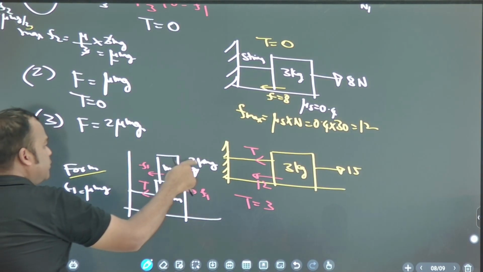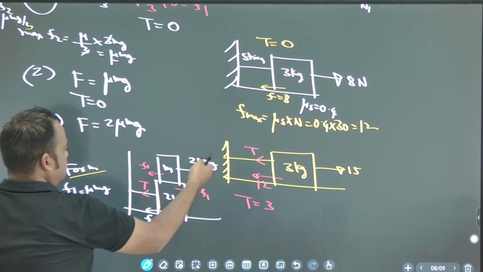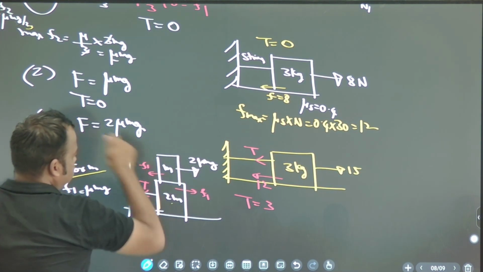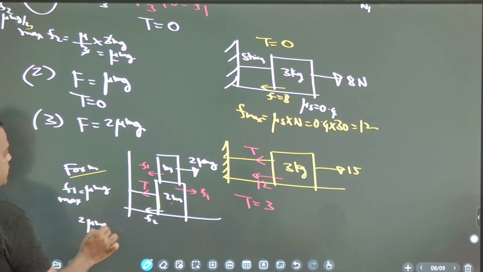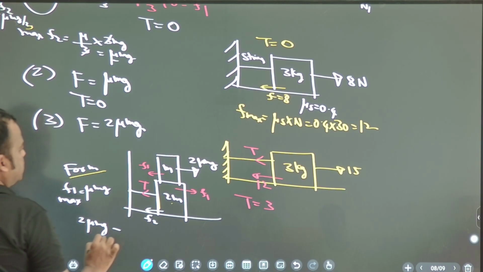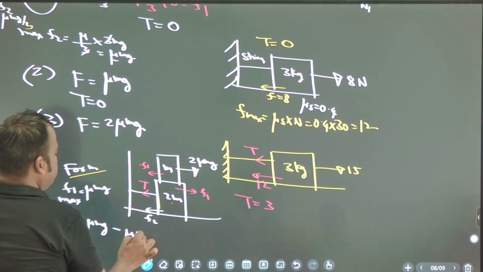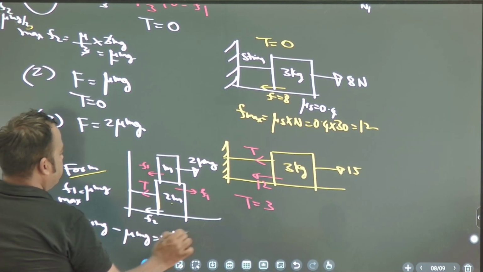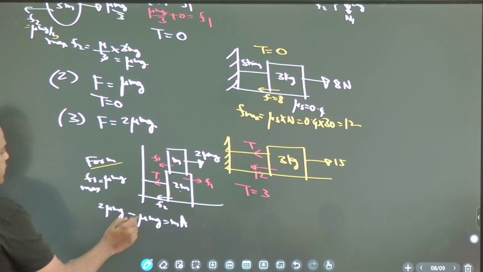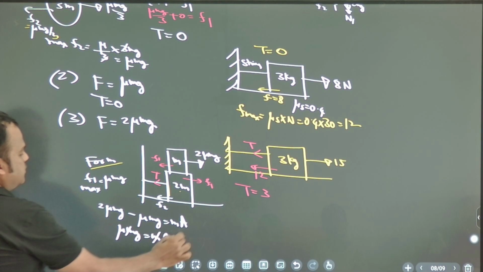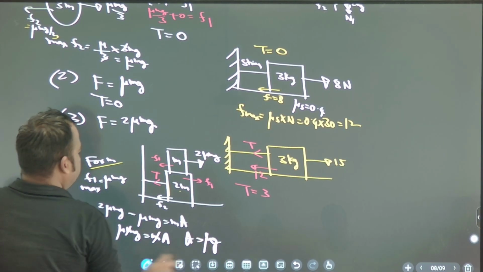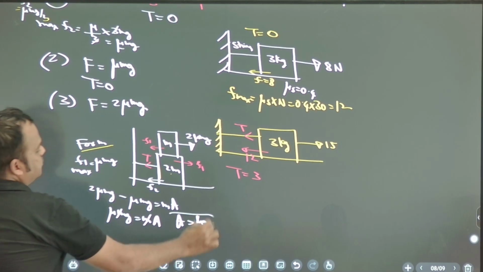And you are exerting 2 mu mg, so it will slide. So 2 mu mg minus mu mg is equal to ma. So mu mg is equal to ma, so a is equal to mu g.